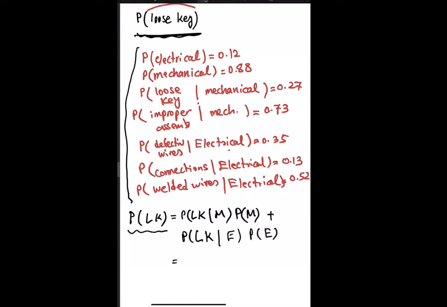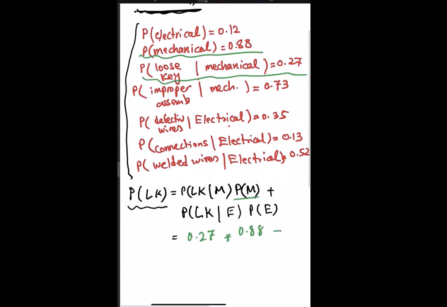What is the probability that we see loose key error given that the error is mechanical? 0.27. What is the probability that the error is mechanical? 0.88. Plus, what is the probability that we see loose key error if the error is electrical?